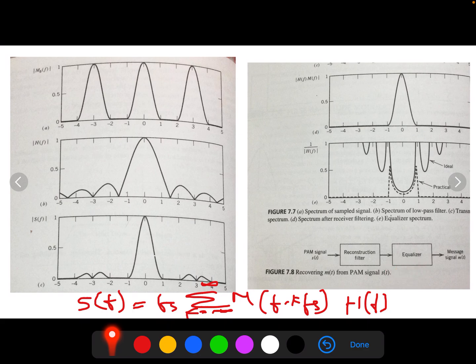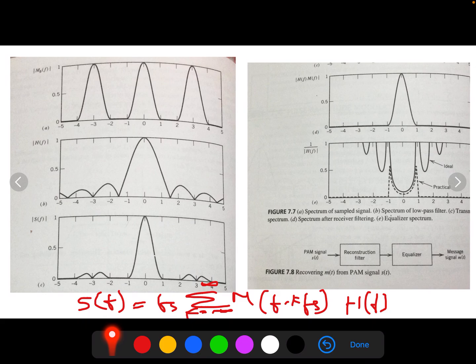The equalizer has the effect of decreasing the in-band loss of the reconstruction filter as the frequency increases, in such a manner as to compensate for the aperture effect.